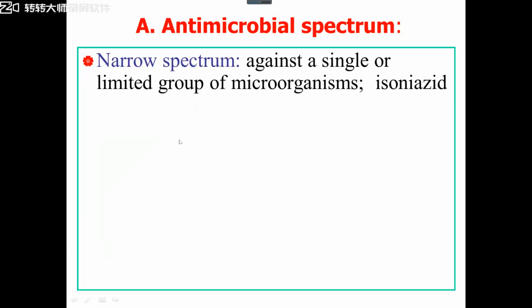Antibacterial spectrum, the first one is narrow spectrum. Narrow spectrum means the antibiotic is only active against a single or limited group of microorganisms. We call these narrow spectrum antibacterial agents, such as isoniazid.